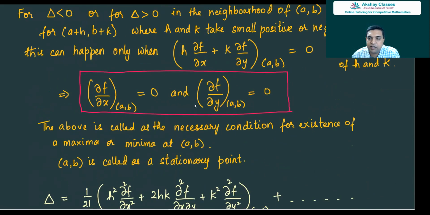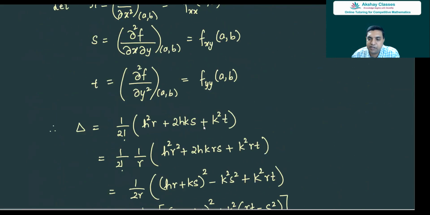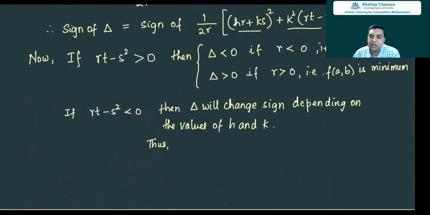That is what we found here. We impose the condition that the first derivatives are 0 along x and y. However, in the neighborhood, the function value is either exceeding or is below f of a comma b. So it is a saddle point. Thus, a comma b is a saddle point.